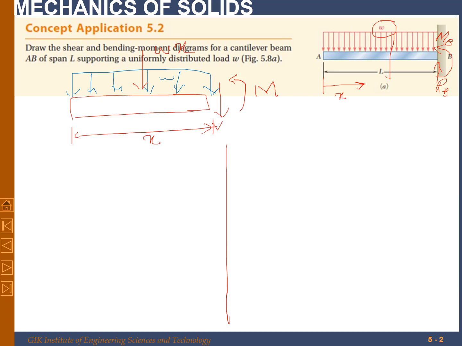If we consider this shear force V, we can write the sum of forces in the vertical direction is equal to 0. So sigma F equals 0, which gives V plus Wx equals 0, or V is equal to minus Wx.